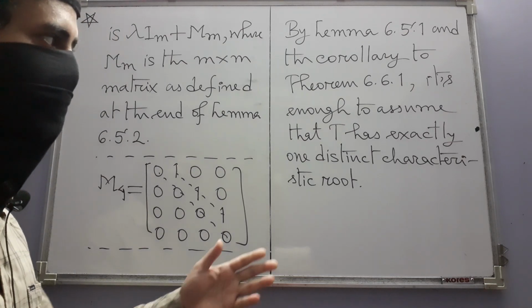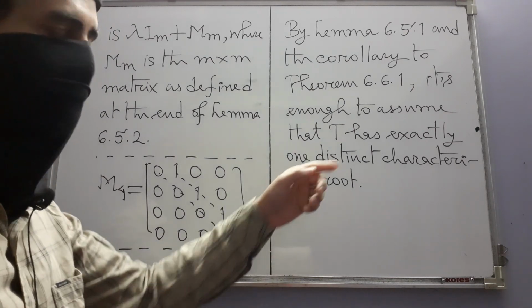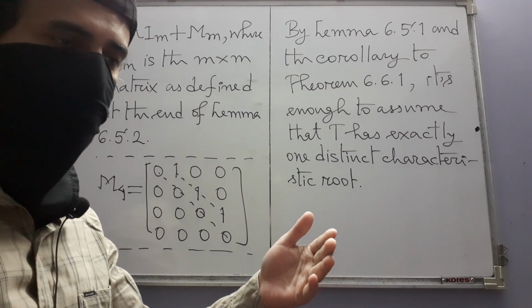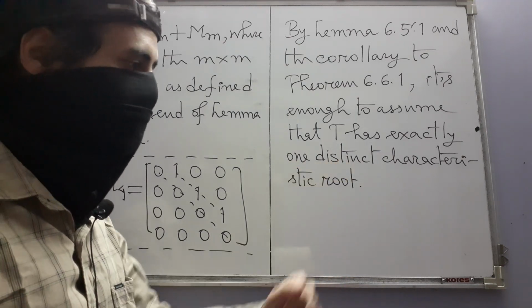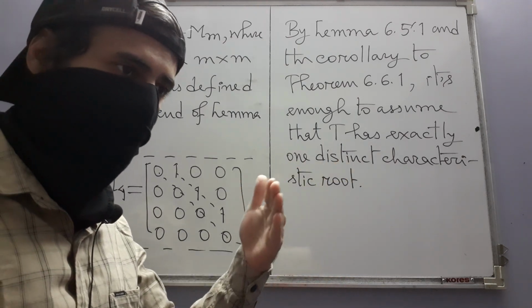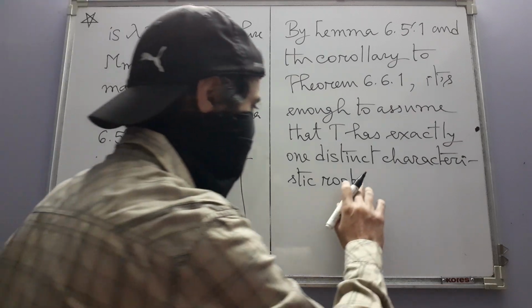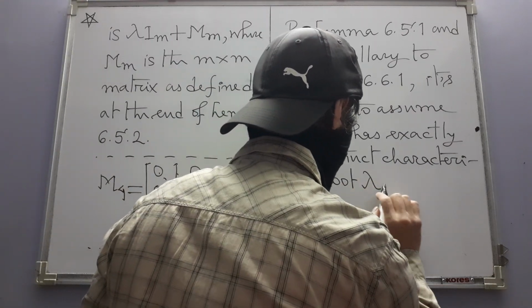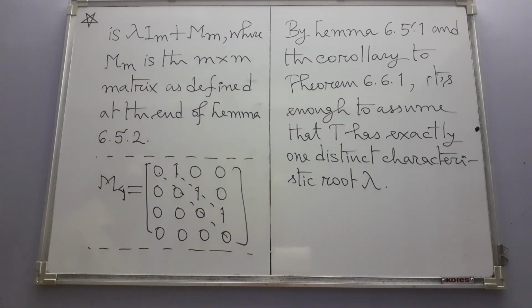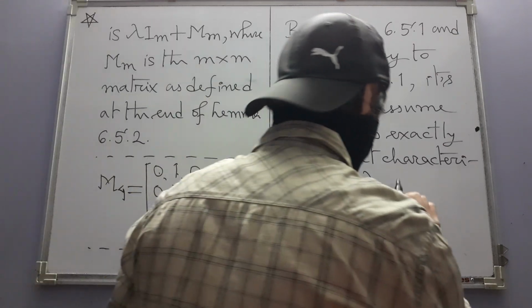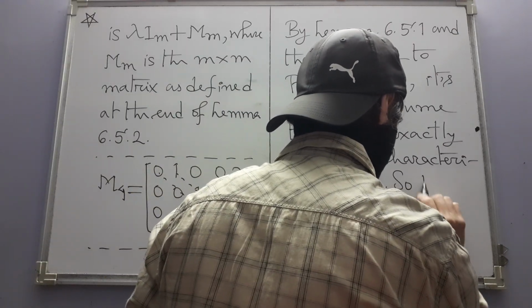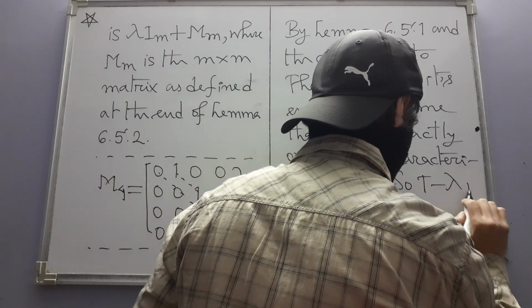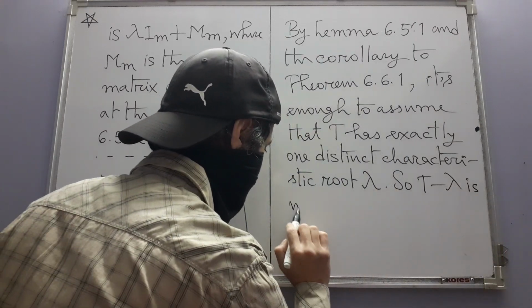If it has dimension n, then T will have, say if we are calling this characteristic root lambda, n times lambda will appear. Then, or we can write so, T minus lambda is nilpotent.